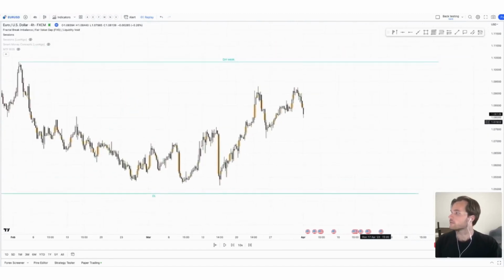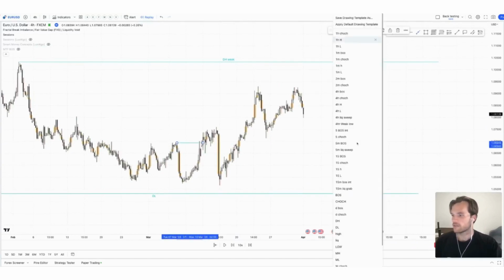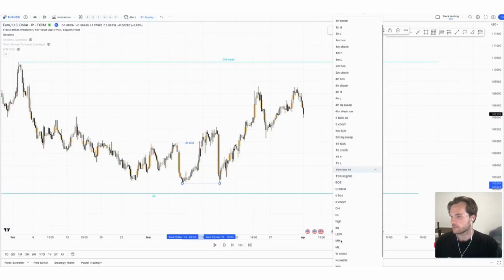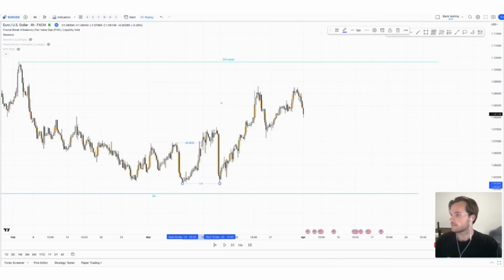Okay, so it looks like we had, with our 4 hour, I'll just go back a few so you can see how I mark out the 4 hour breaker structure. We got a pretty sneaky liquidity grab after that huge dump. And then very bullish into our 4 hour breaker structure.